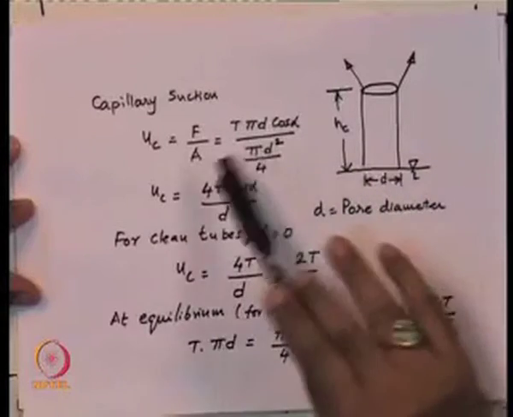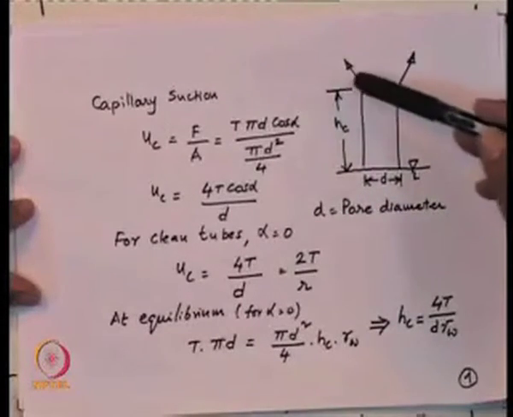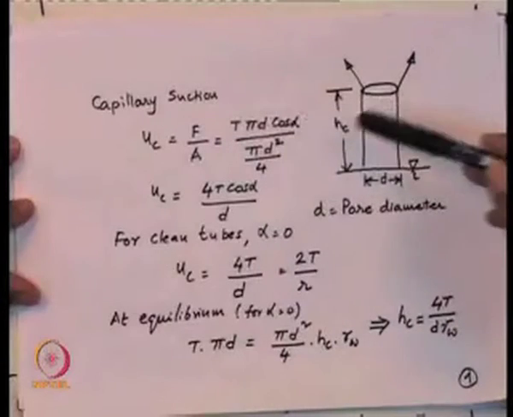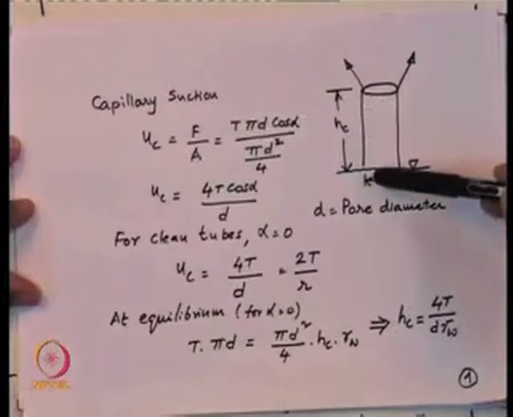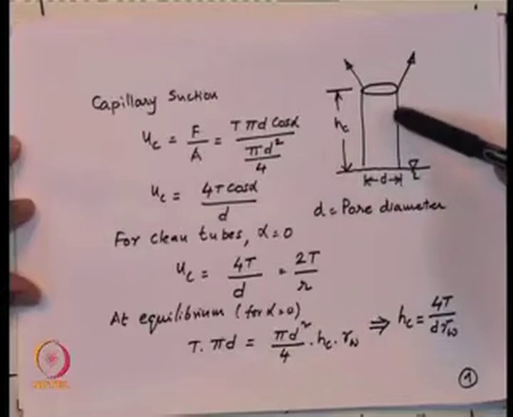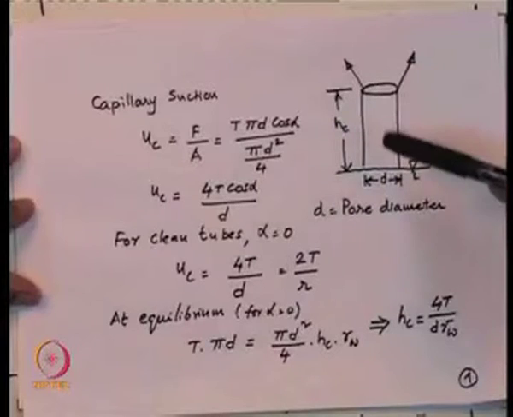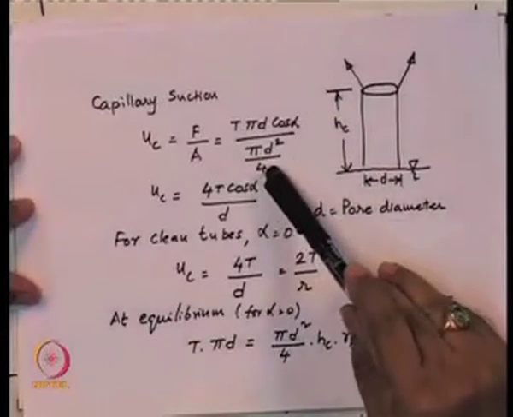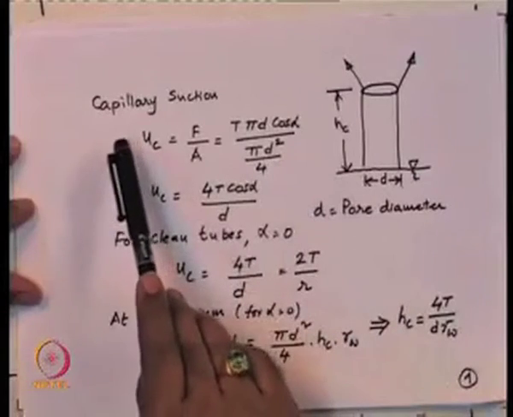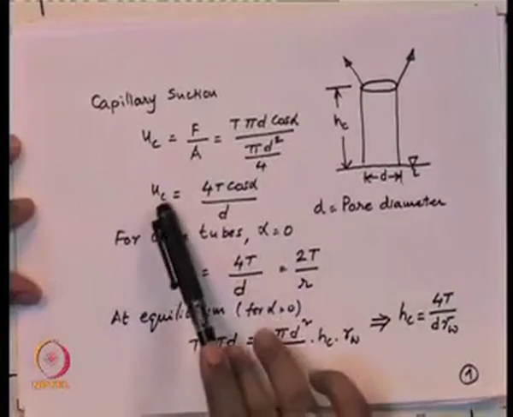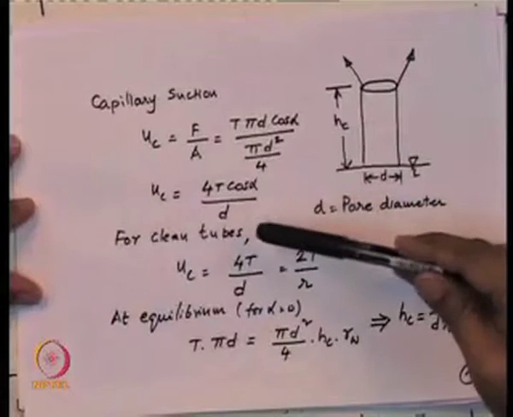So here uc is equal to T, the surface tension, times pi d, the perimeter, where d is the diameter of the pore, and cos alpha is the component I have taken here. So uc is T pi d cos alpha divided by pi d squared by 4. This is the capillary or suction pressure. uc is now 4T cos alpha by d.